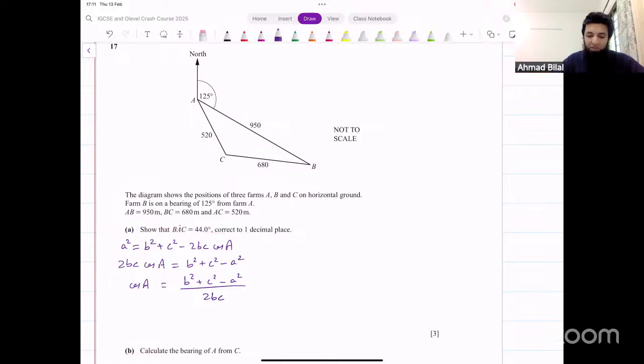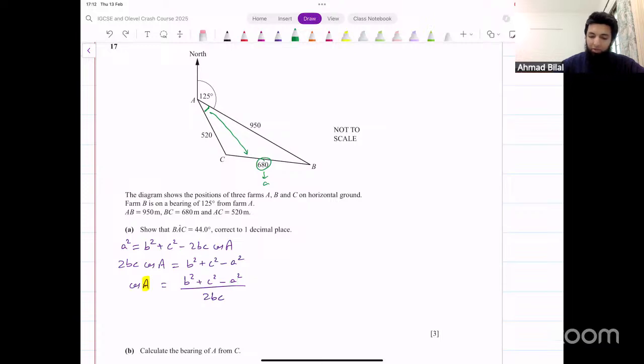Now what you have to do is just input those values. Now keep in mind the angle that you want to find out, that's this angle here, right? This small side a, small letter a, represents the side that is opposite to this angle. So this 680 is going to be the side a.